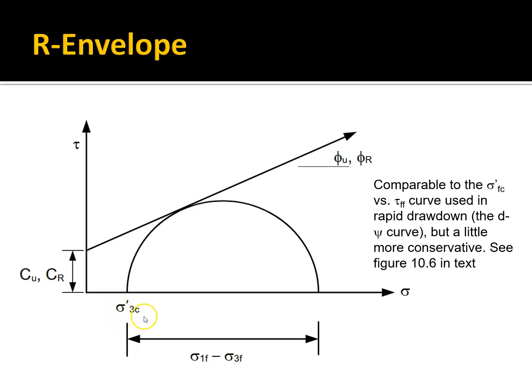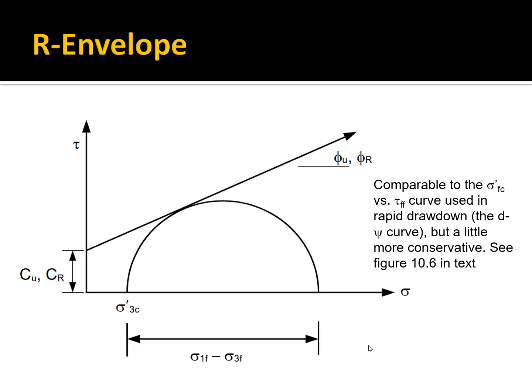So you take the effective stress on the failure plane, or the minor principal effective stress at the end of the consolidation stage, and then you add on the deviator stress at failure, and then you construct this circle and do this for different consolidation stresses, and you end up with a CR and a phi R. And so it's a hybrid because we're combining an effective stress from the consolidation stage and a deviator stress from the failure point. So these happen at two different points in time.